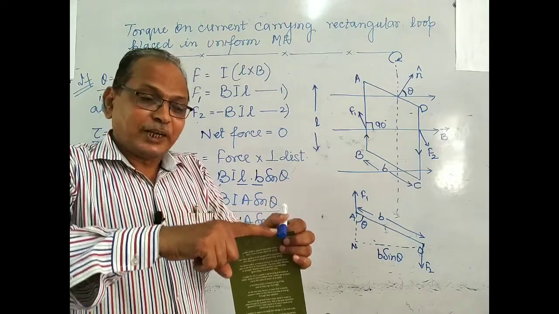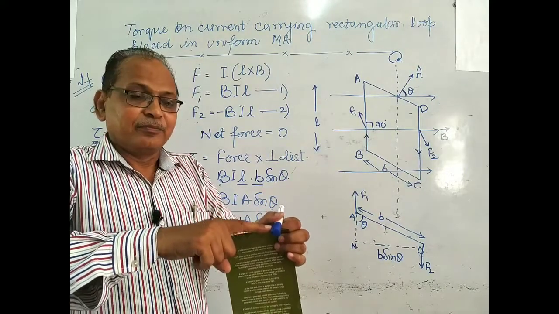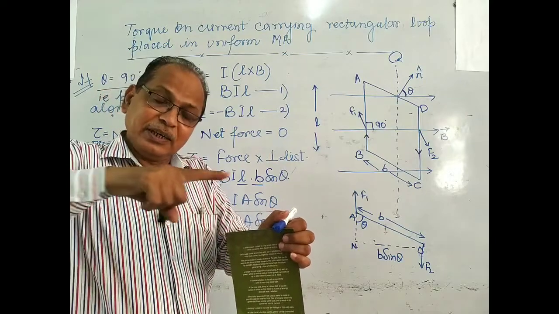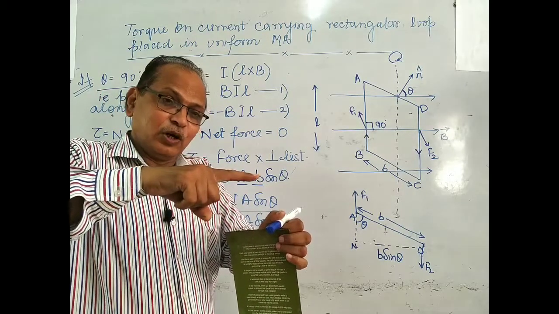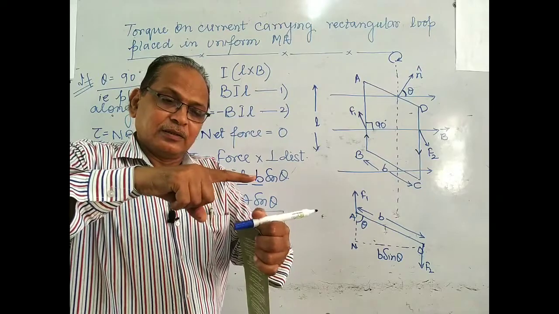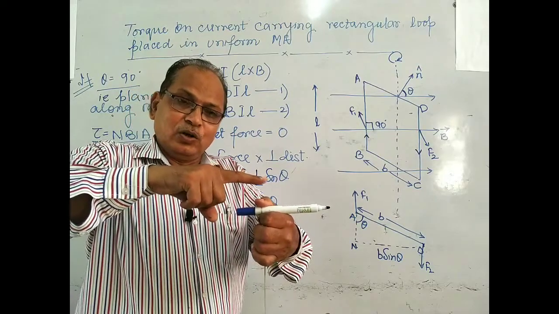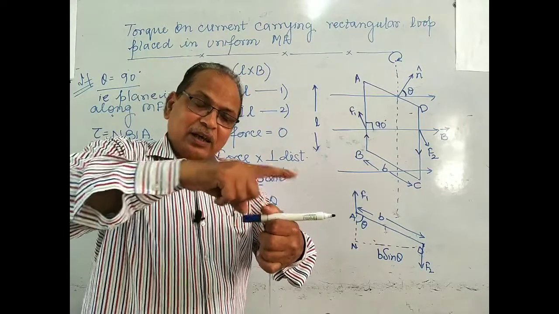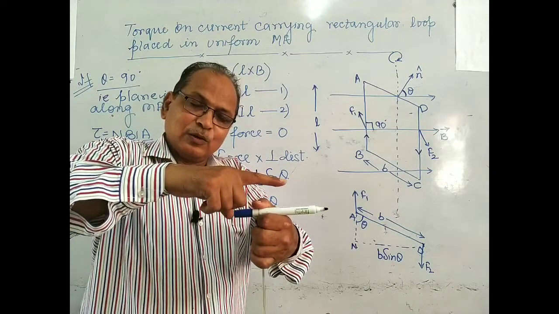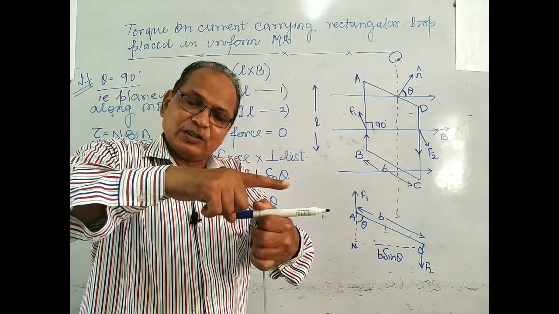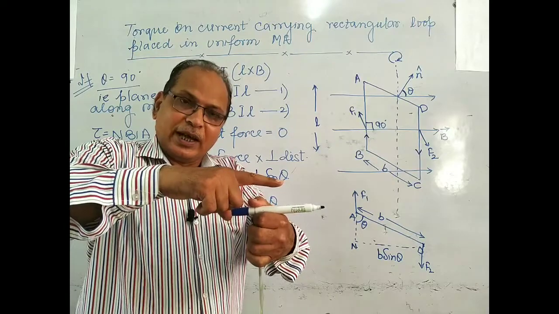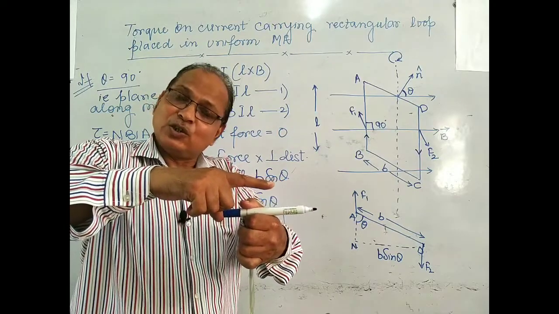Now theta is 0. At present, theta is 90 degree. If our coil, these are the magnetic lines, remember, if our coil moves like this, now normal to the plane and the magnetic lines both are in the same direction, and here at present theta is 0.